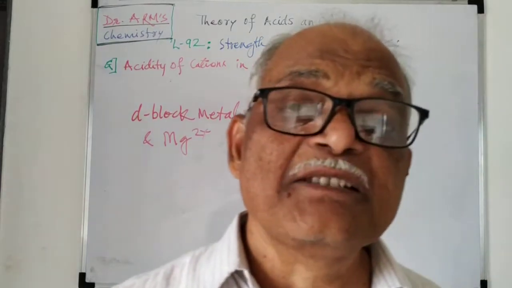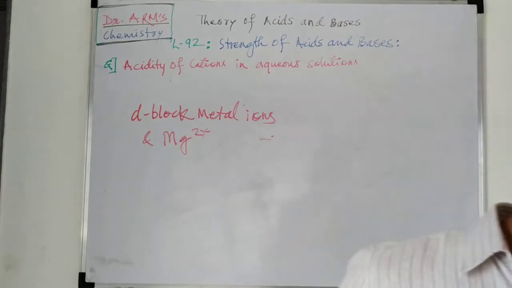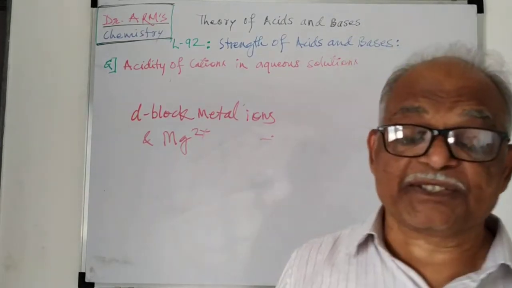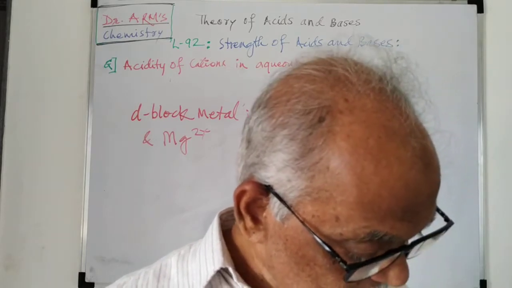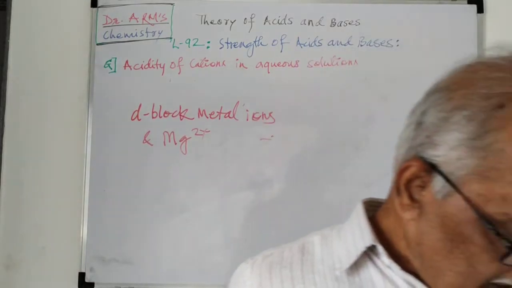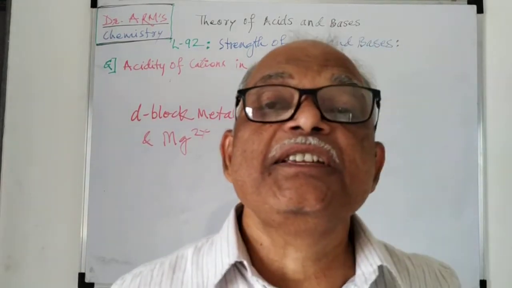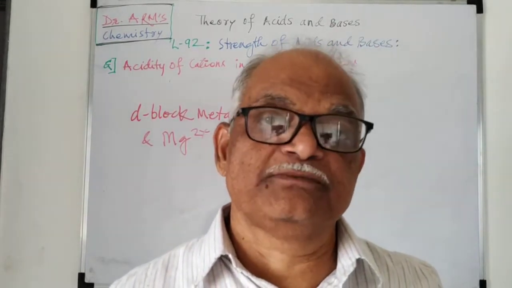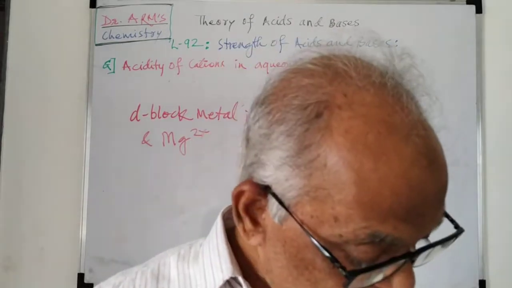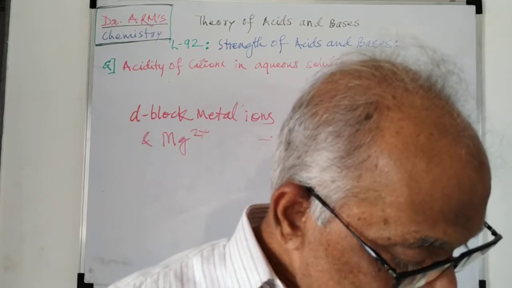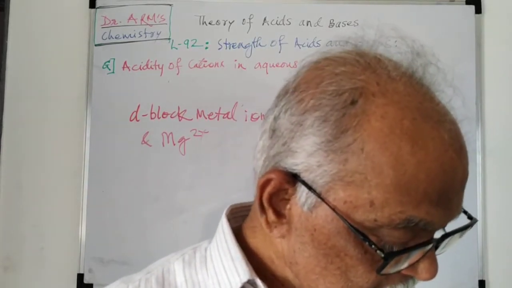Then if we take the alkali or alkaline earth metals, the hydroxides of those metal ions are weakly soluble, meaning they do not show any effect of pH; pH change is not detected in the hydroxides of these alkali and alkaline earth metal ions.